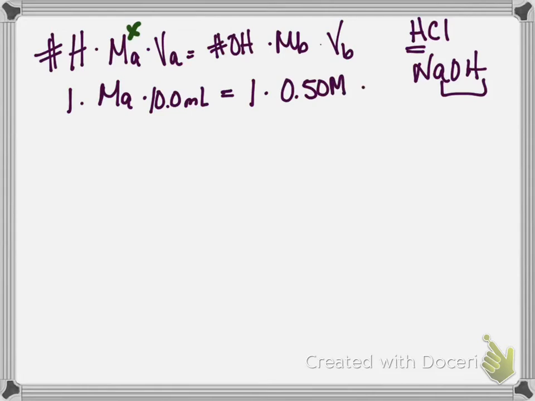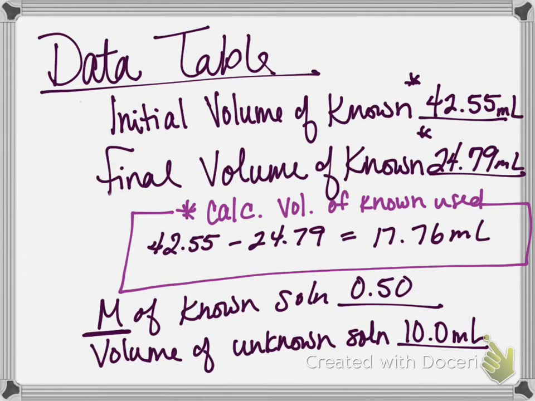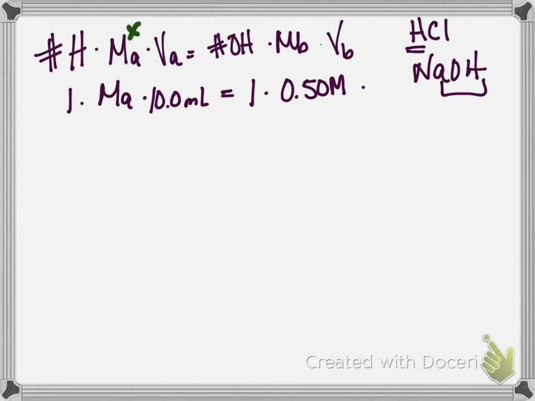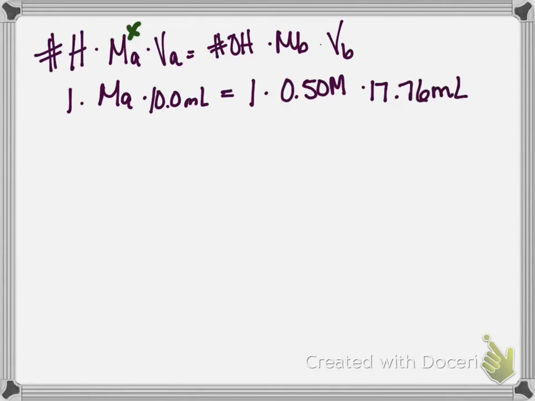And the volume is what we figured out experimentally, right? That's why we put it in the burette and we measured the final and the end values. So 17.76 mLs. And of course, I didn't leave myself room. There we go. 17.76 mLs. So now all we need to do is solve for that unknown.